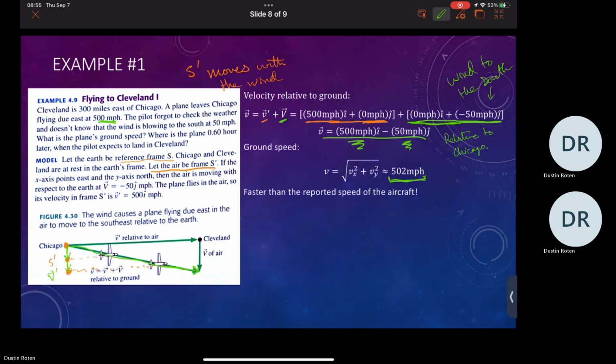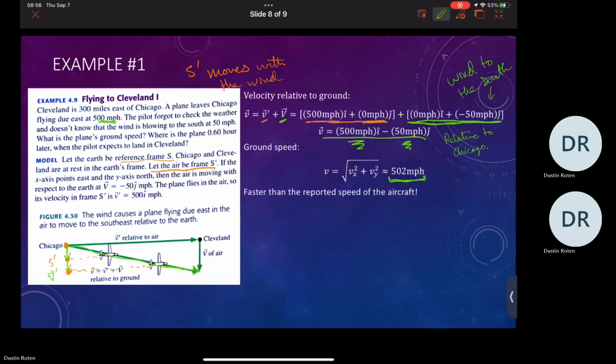Because remember, the max speed of the plane is 500 miles per hour, and all of that is going into the left-right direction. It's all going into the east direction. There's no extra velocity to actually move the plane down. That extra velocity comes from the wind to move it to the south.